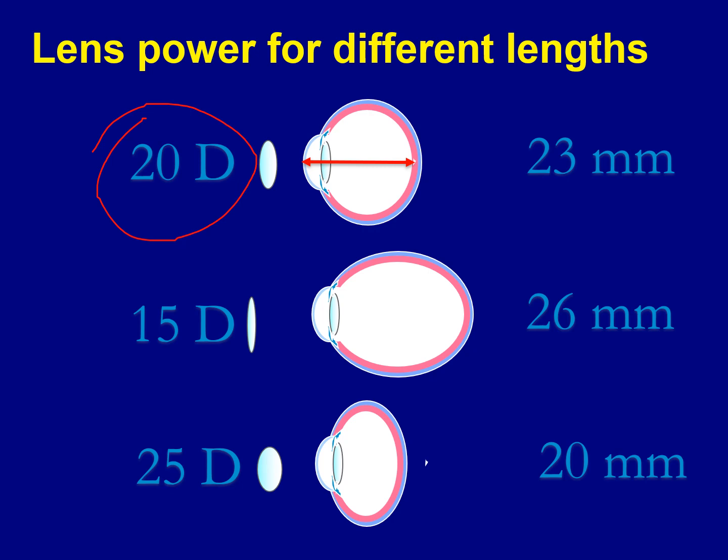The second one is slightly longer, so we need less convergence, so we use a 15 diopter lens. The third one is shorter, so we need more convergence, so we need a 25 diopter lens. If you need more convergence, you need 25 diopters. If you need less convergence, you need 15 diopters. So in simple words, the longer the eye, the lesser the power of the lens.